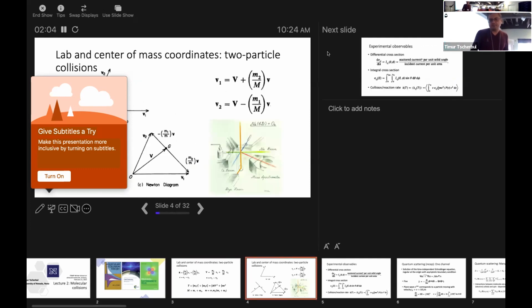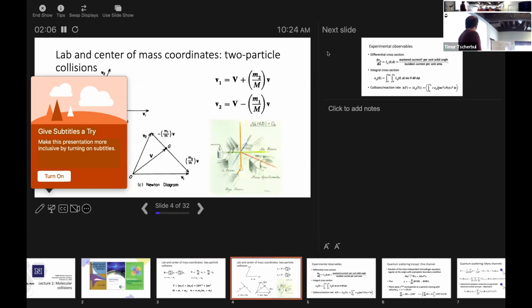But it is actually quite non-trivial to do the transformation, as far as experimentalists go. They use these so-called Newton diagrams, which you might have seen before. These are basically velocity vector diagrams. When you have the two particles in the lab frame, they have velocities pointing in some directions. But the center of mass frame depiction is quite different, because there's the center of mass velocity, and then there's the relative velocity.